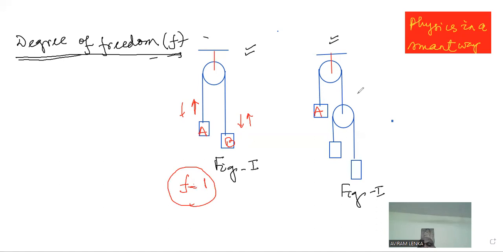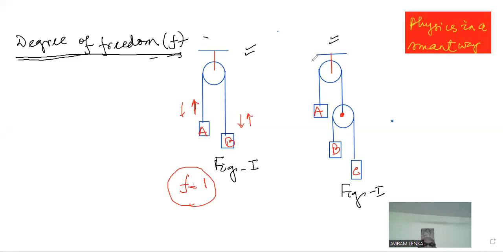Let us go to the second diagram, where the block A is connected via the pulley to the center of another pulley, which is not fixed to anybody. The second pulley has got two blocks, B and C. They are interconnected.